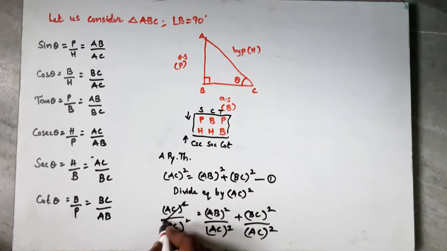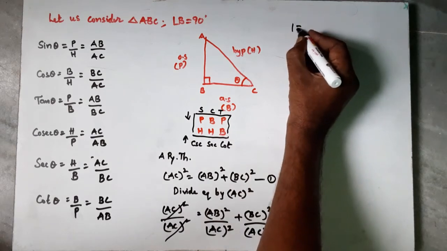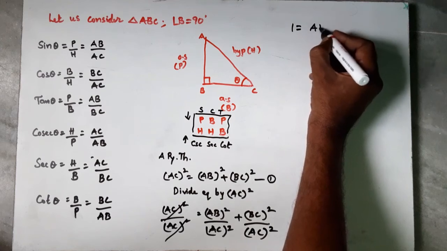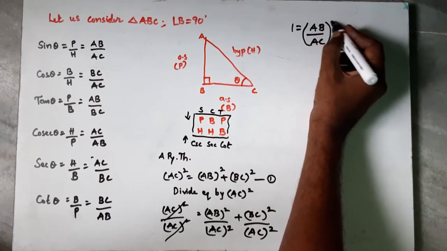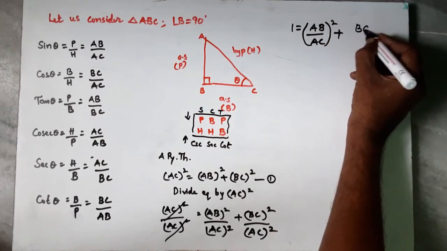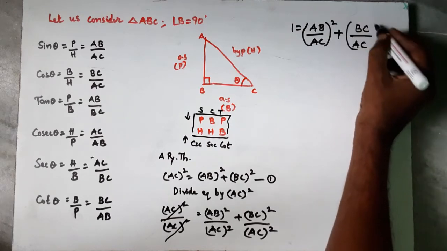Now AC square cancels, and 1 is equal to AB by AC whole square plus BC by AC whole square.